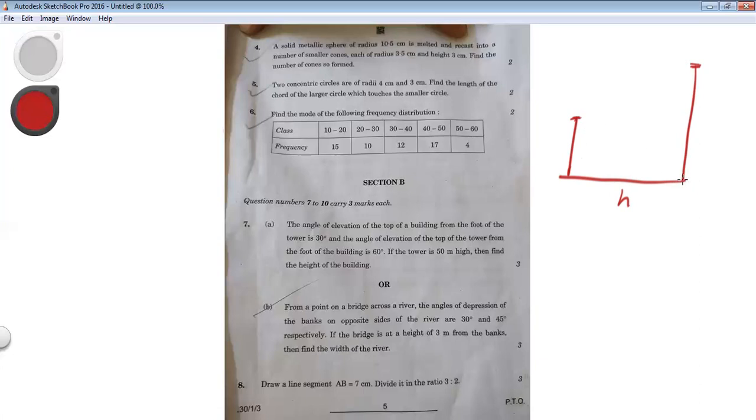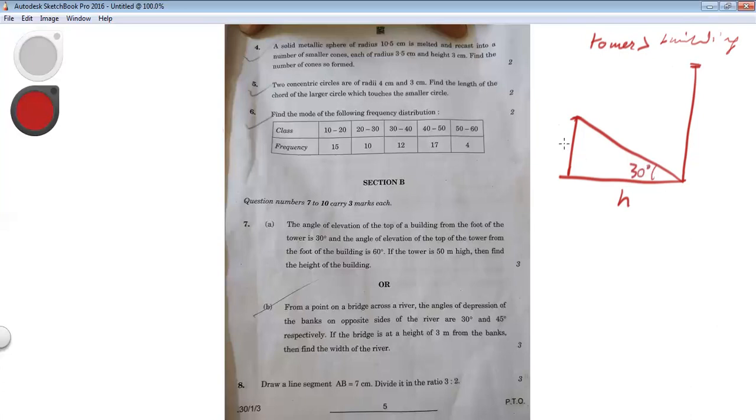So, let's say this is the tower, this larger one is the tower. So therefore from this we directly know that the tower is higher than the building. Okay, so this is the building, so this is 30°.